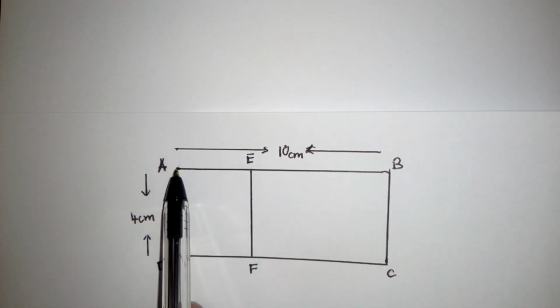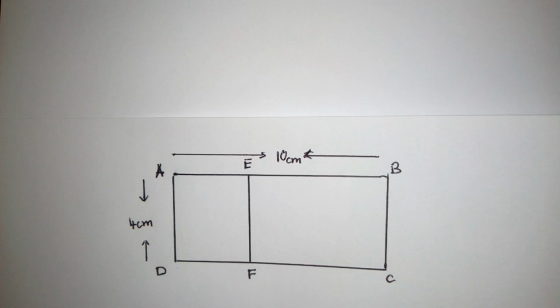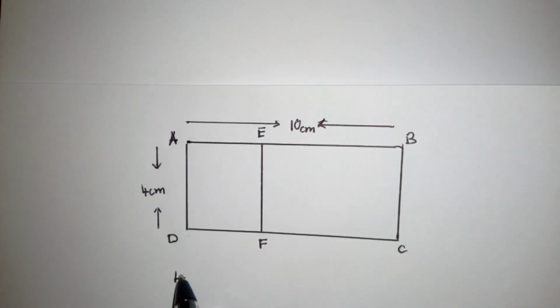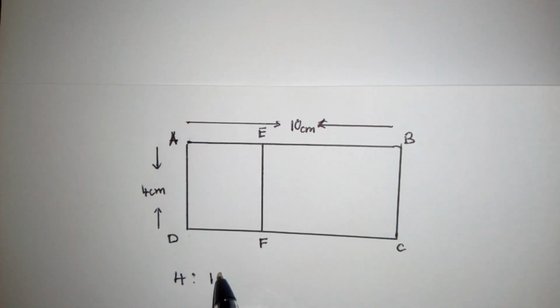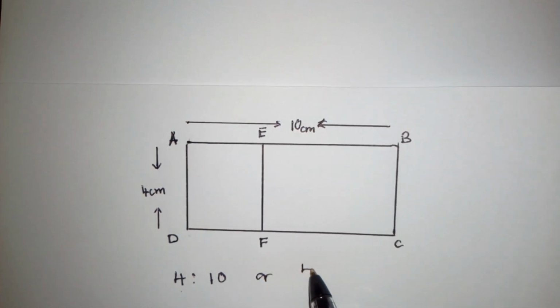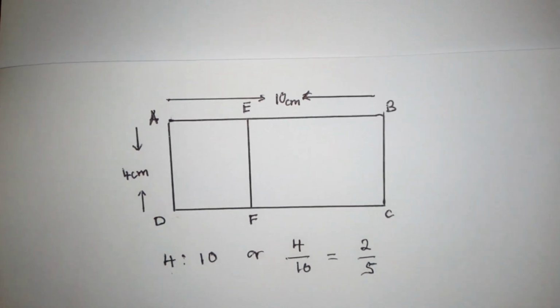They have given the distance from here to here and from here to here. So what you basically do here, you can find the ratio of length. So you say 4 to 10. So this is 4 centimeters to 10 centimeters. Or you can write it as 4 over 10, which can be reduced to 2 over 5.